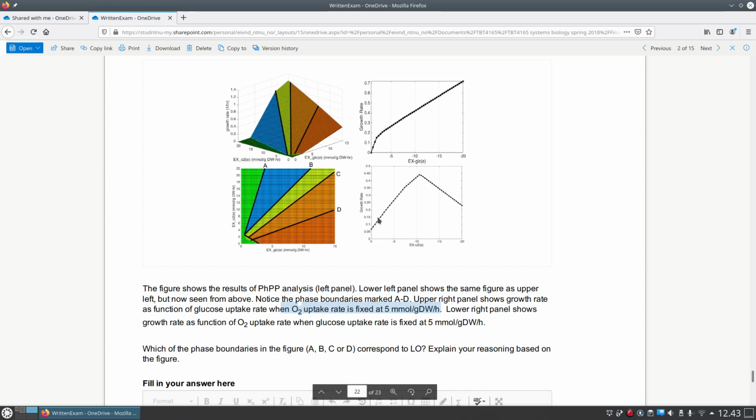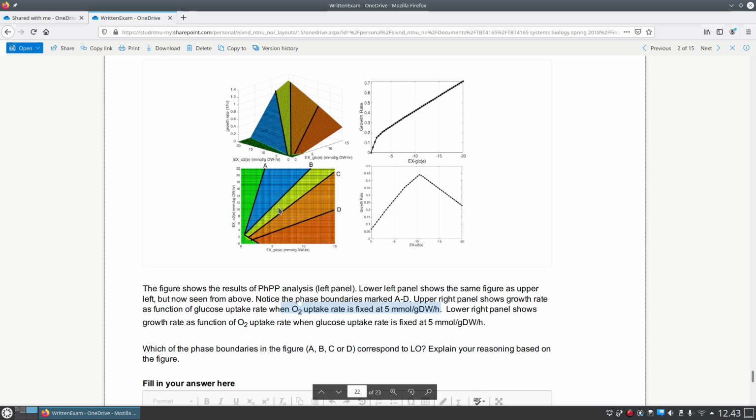So we then see that this region here corresponds to both our red and orange phases. Then this slightly slower but still increasing curve here corresponds to our green phase. And then if we look here at just after 10, we actually see that an increased oxygen uptake leads to a reduction in growth rate.